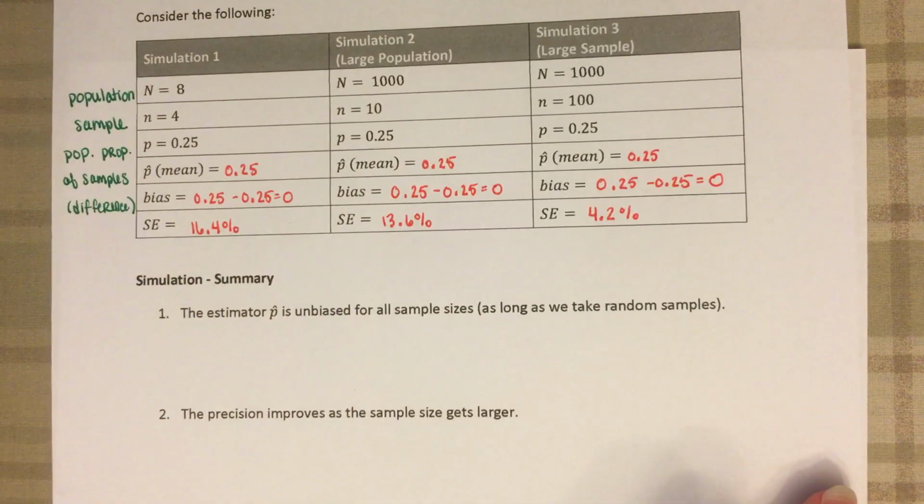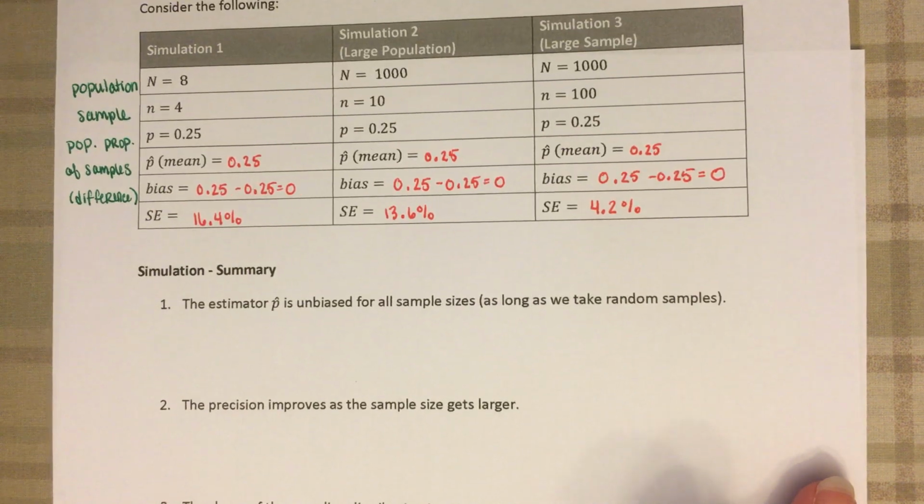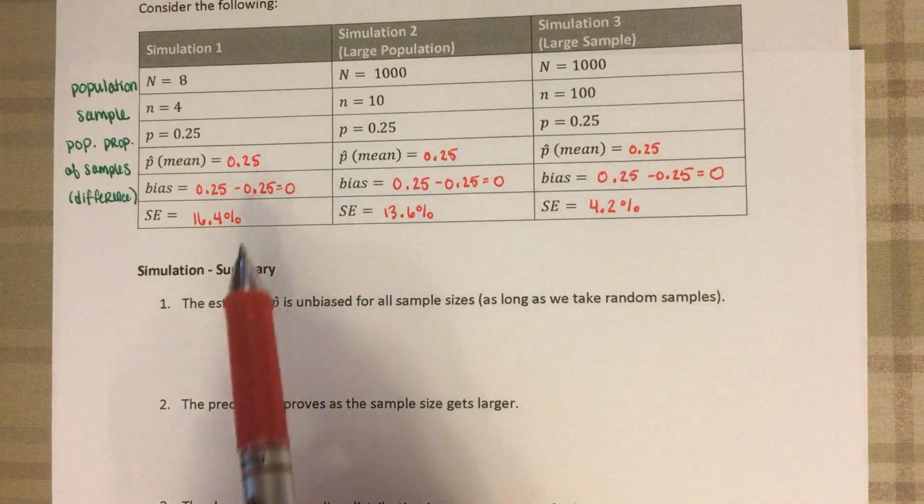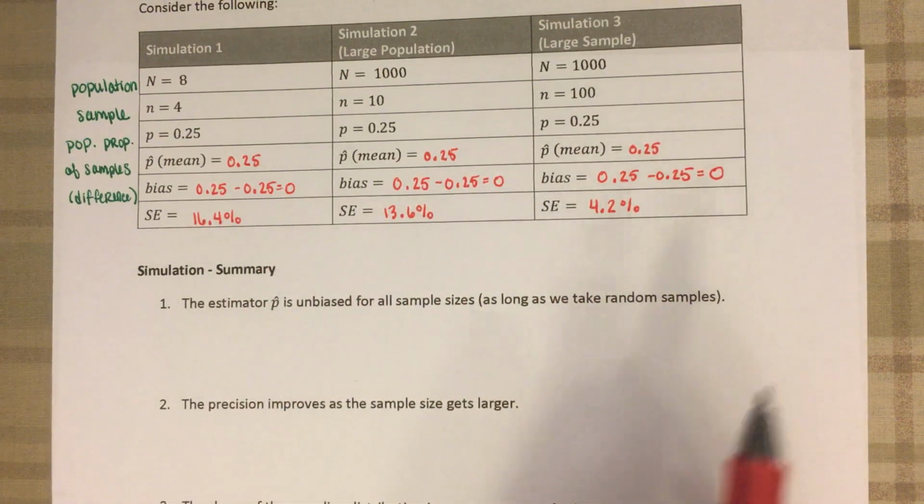So as we're looking at these, if we want to summarize our simulation, our estimator is unbiased for all sample sizes. All of these different rows in here we got 0.